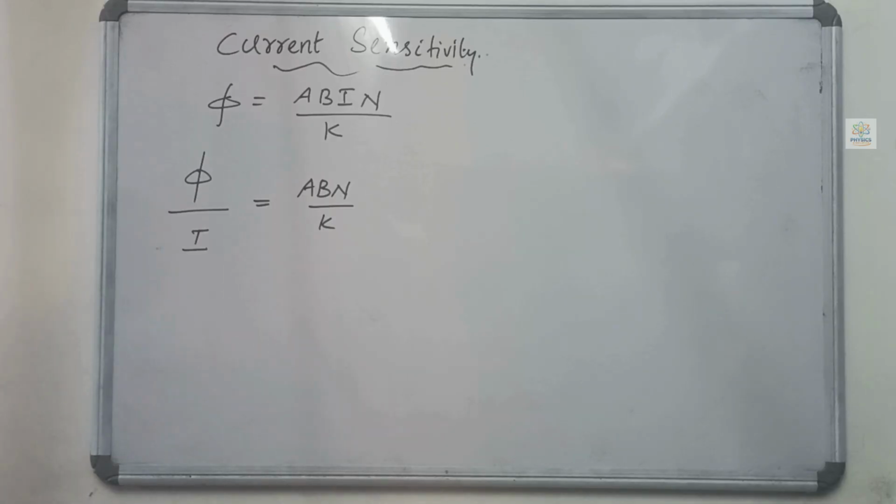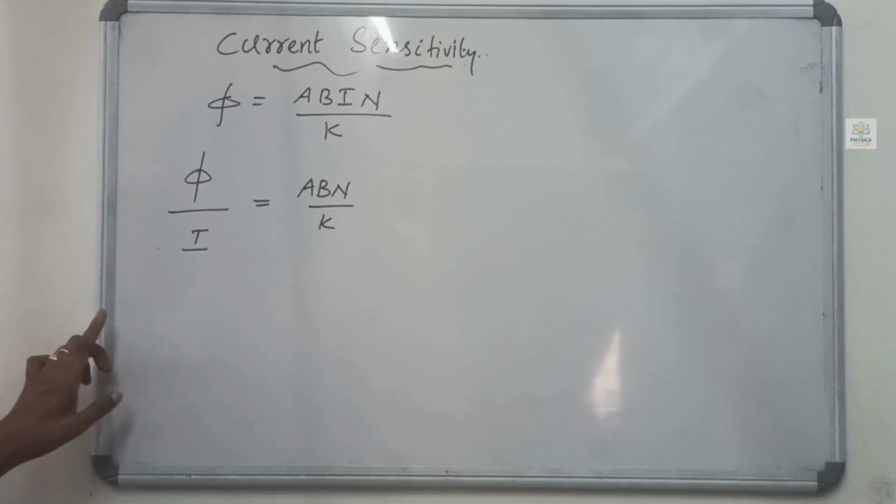This current sensitivity depends on 4 factors. One is the area of the rectangular loop, the second one is the strength of magnetic field, the next one is the number of turns of the loop, as well as the restoring torque per unit twist.